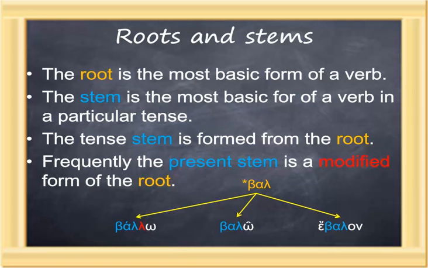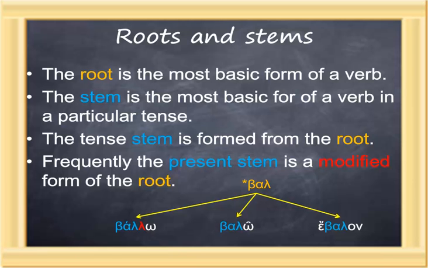As we move from root to stem, one of the realities is that quite often it's the present stem where more modification takes place than moving from root to one of the other stems. For example, with ballo, the root comes unchanged into the future and aorist.